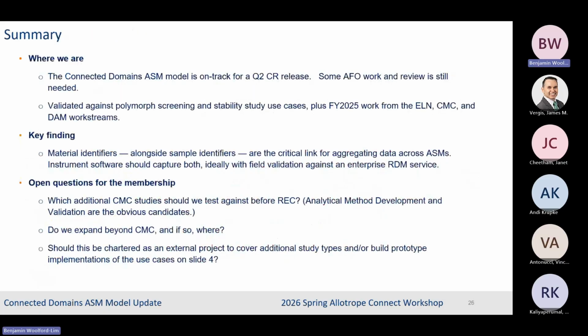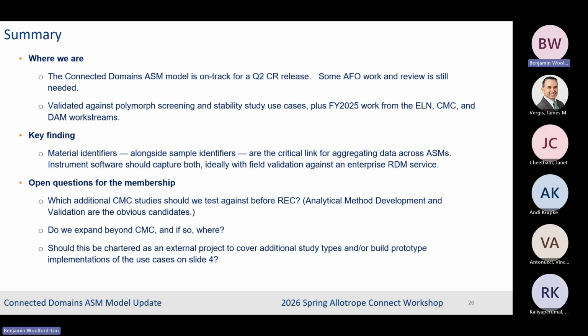Last slide. So where we are, I think we're definitely on track for a CR release in Q2. I talked about it as we were going through. There's some issues with the AFO that we probably want to address before that, and we still need to review some things.